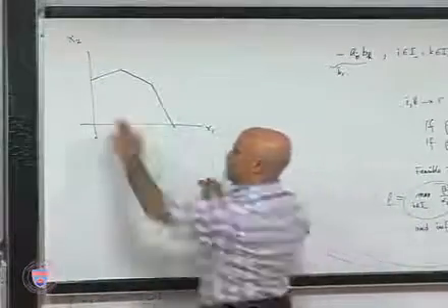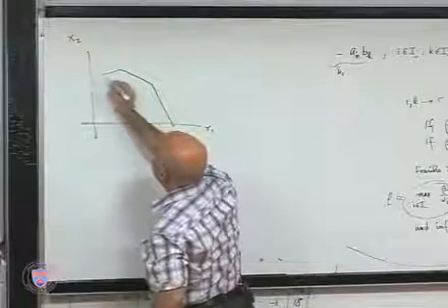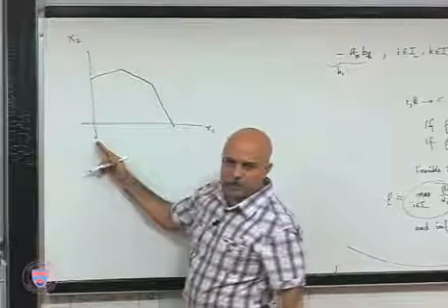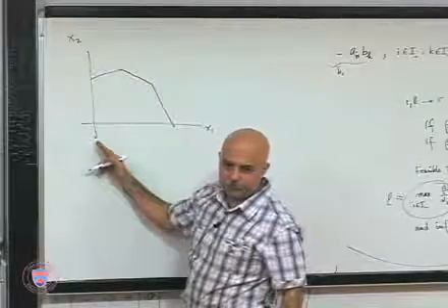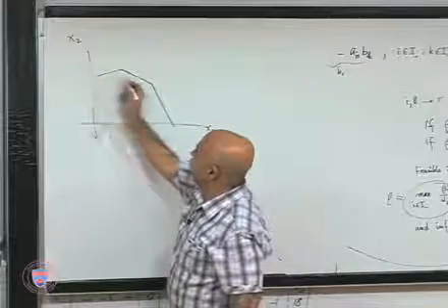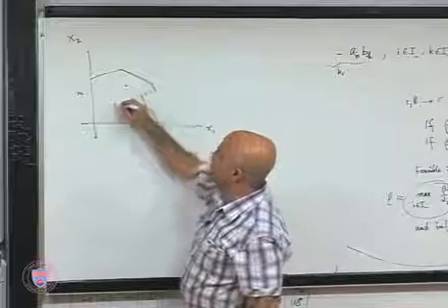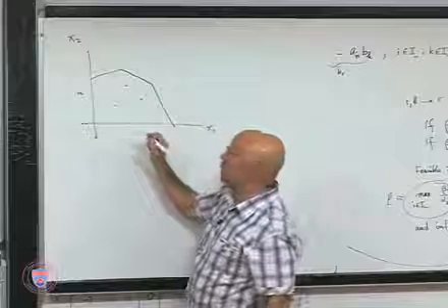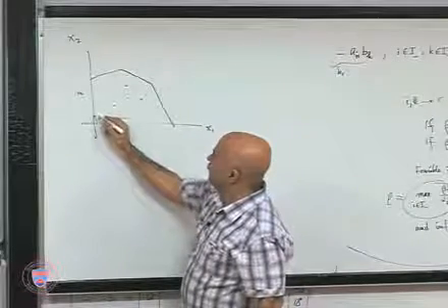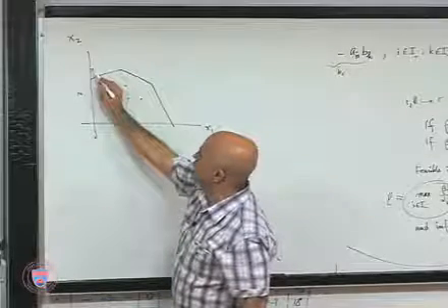I'm taking the shadow of this on the space of x2 alone. What is the shadow? The shadow is the set of all x2 values you could obtain from points inside here. And so you could obtain 0 and any of these values. You could also go up to here, because there's a point here that will give you that.